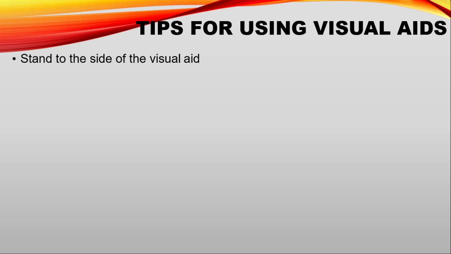Right, so let's look at the tips for using visual aids. The first one is to stand to the side of the visual aids. Traditionally, speakers are supposed to stand so that their visual aids are on their left.